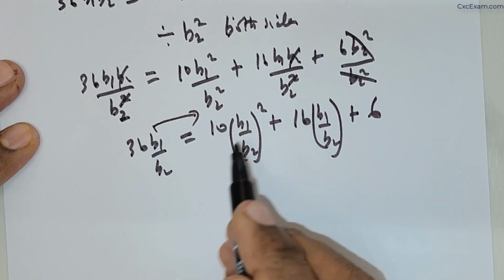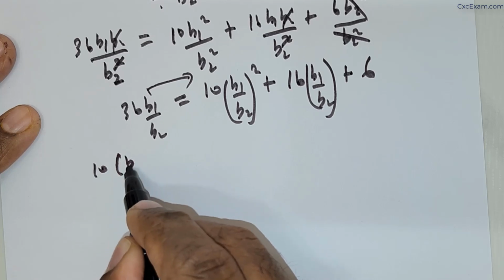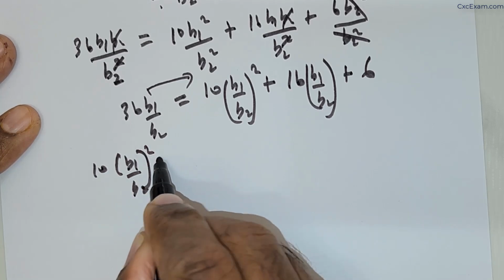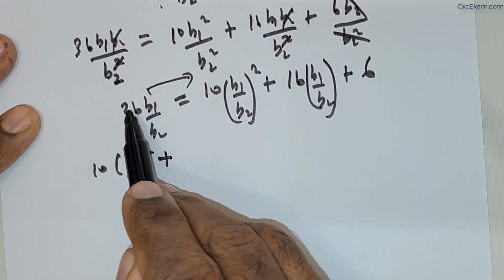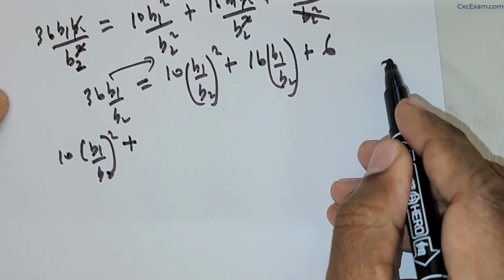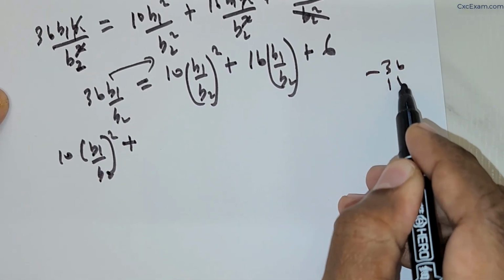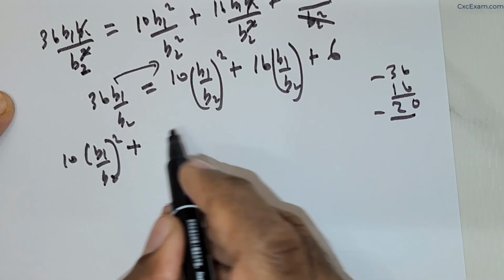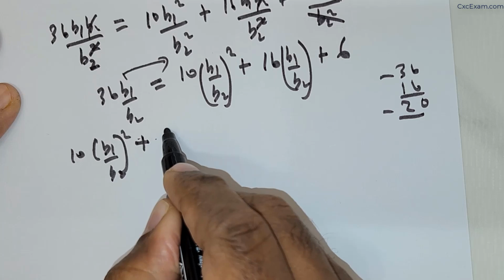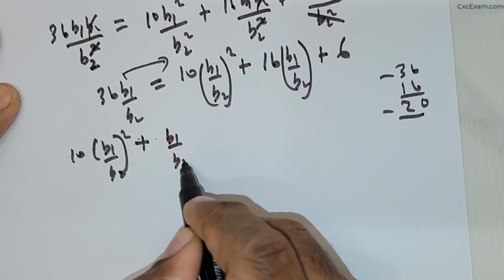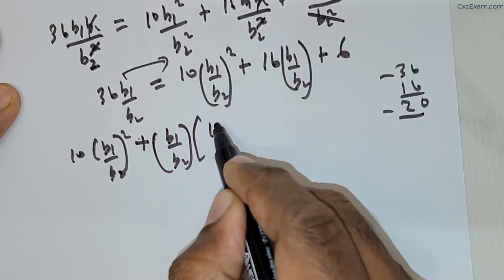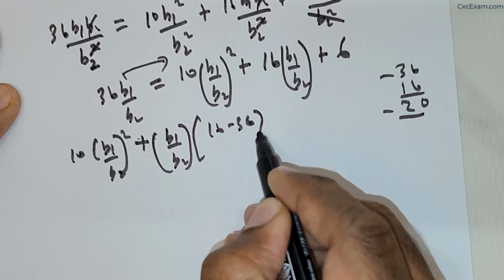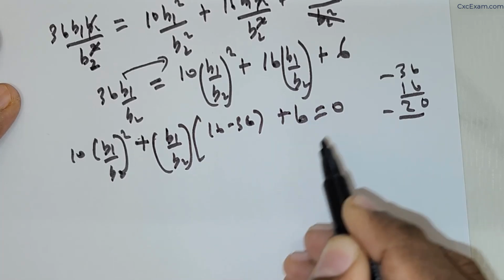I'm going to bring this to the other side, so you have 10 b1 over b2 squared plus. Now this is 36, right? So already there is a 16 there, so this is going to give me negative 20. So I will write it like this: b1 over b2 of 16 minus 36 plus 6 is equal to 0.